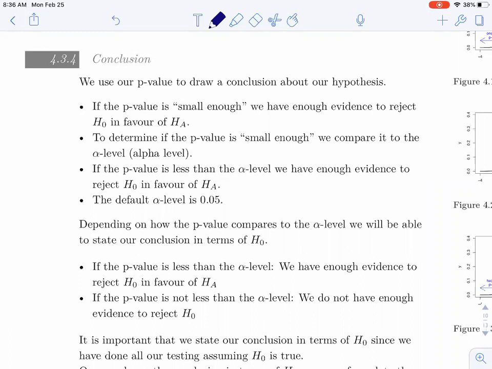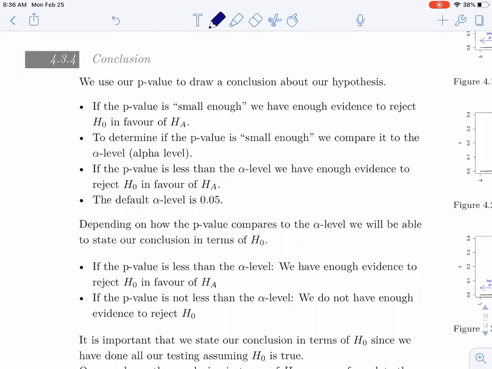We use our p-value, the probability that the null hypothesis is true, let's think about it that way, to draw our conclusion about our hypothesis. As a rule, if the p-value is small enough, and we'll talk about how small is small, then we say that we have enough evidence to reject the null hypothesis in favor of the alternative hypothesis.